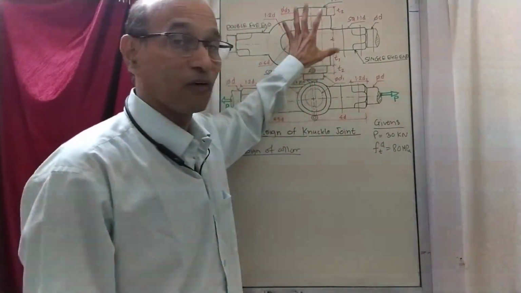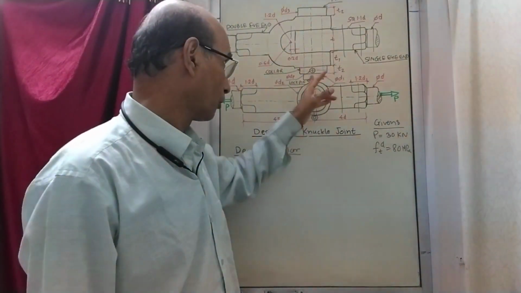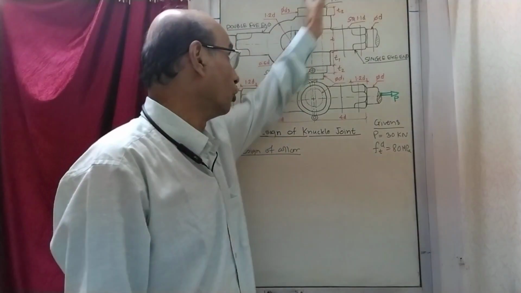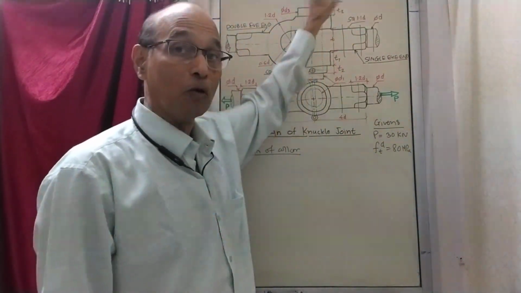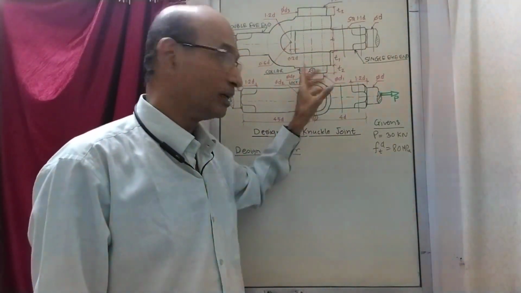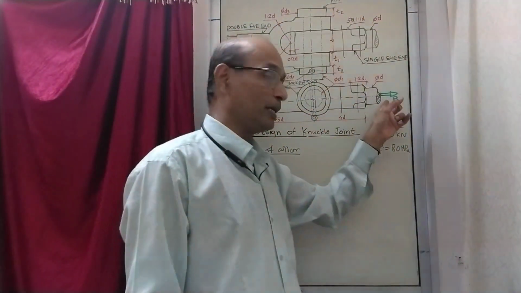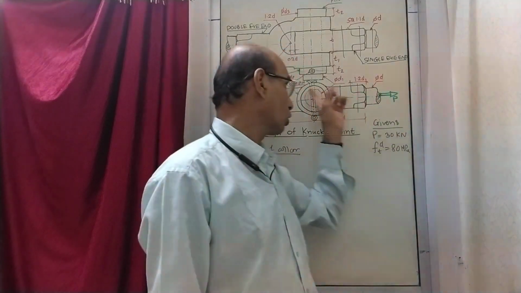The whole joint will function even if the collar or the lock pin doesn't exist. It is only meant for preventing the removal of this main pin. So pin should not come out. That is the only objective of this collar and lock pin. That means this collar is not playing any role in resisting the load.